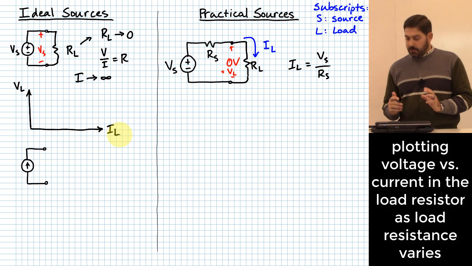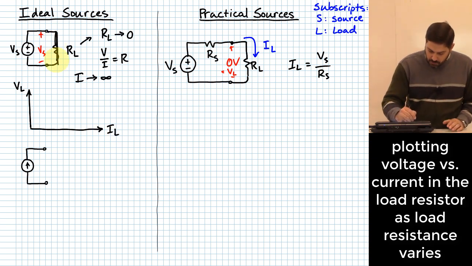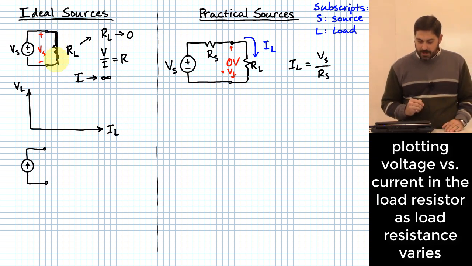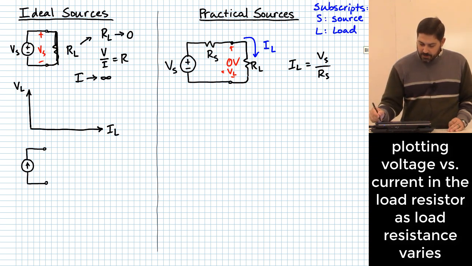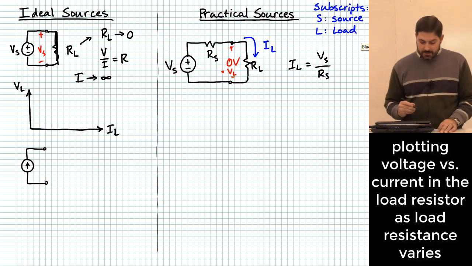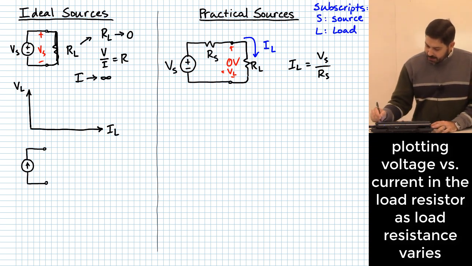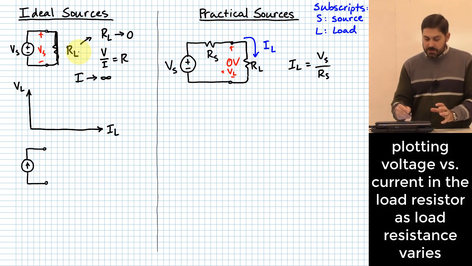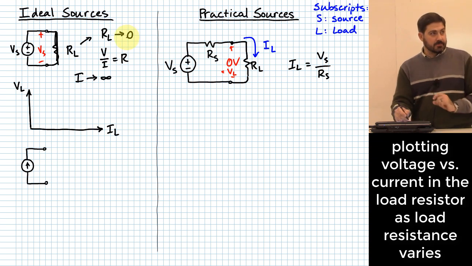Okay, so my first example was with this being just a wire going straight through, right? That would be RL going to 0. And what did we find we had for I? Okay, it went infinite. What would happen with this circuit if I let RL go to, excuse me, the other way, go to infinite?